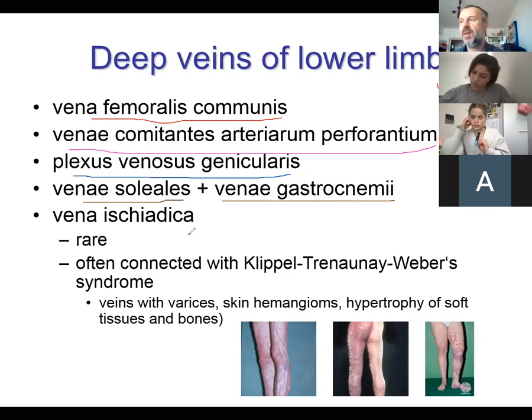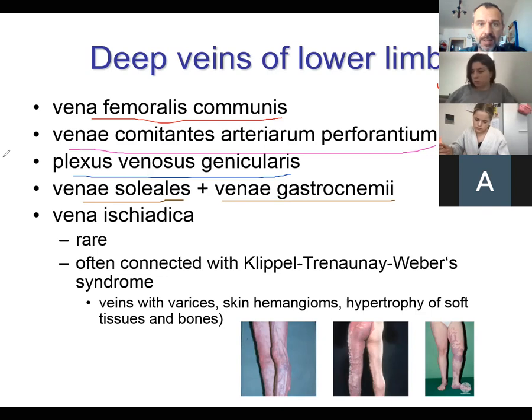These veins, after the age of 30, suffer from sinusoid transformation, and they are often a source of thrombosis. They are quite enlarged. You can see them very large using ultrasound. So they are clinically very relevant. So please learn the names gastrocnemial veins and soleal veins.